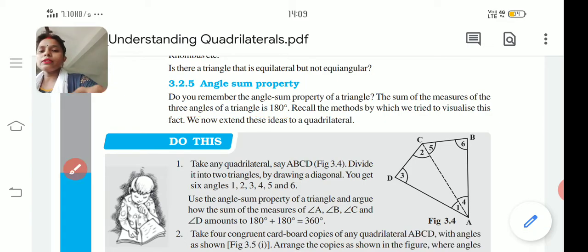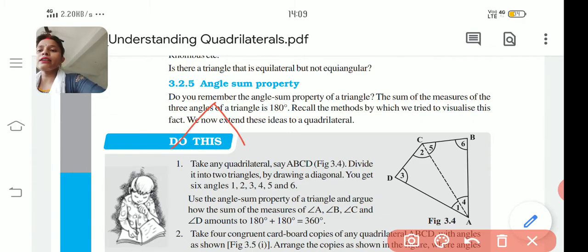There was one method: first we made the triangle. After that we marked all the angles of the triangle by taking the same radius. After marking the angles, we cut all the angles separately and put them together.